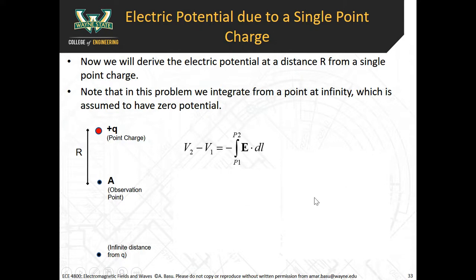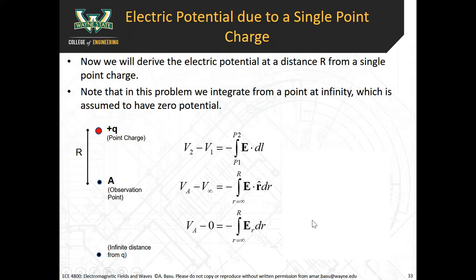You set up V2 minus V1 is equal to the integral from P1 to P2 of E dot dl. This is P1 and this is P2. We want to find the difference in potential from here to here. So V_A, V of the observation point, minus V of infinity, the point that's infinite distance away, is equal to this integral here.